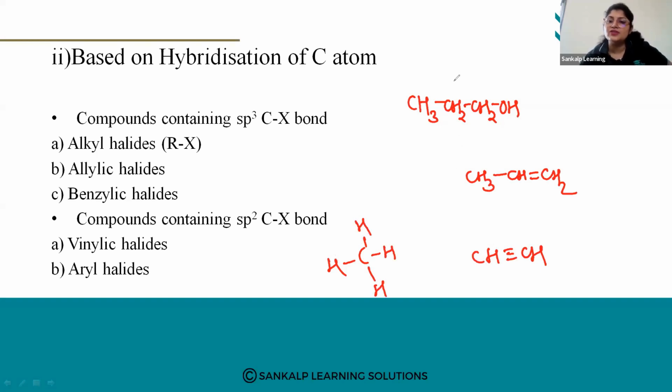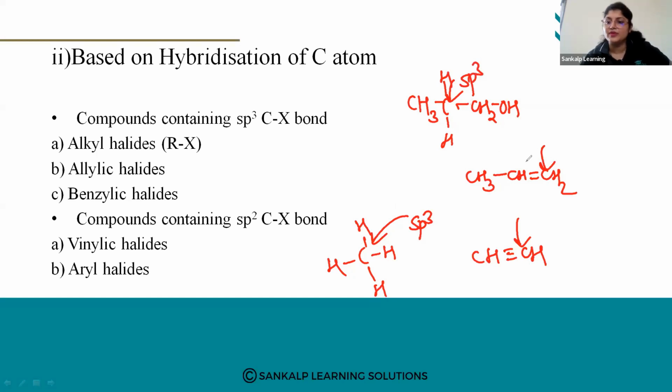If I ask you the hybridization of this carbon and this carbon: when the carbon is linked singly to the hydrogen atoms, it is said to be an sp3 hybridized carbon. Here also, the carbon is linked singly to the other hydrogen atoms, so this is also sp3 hybridized.